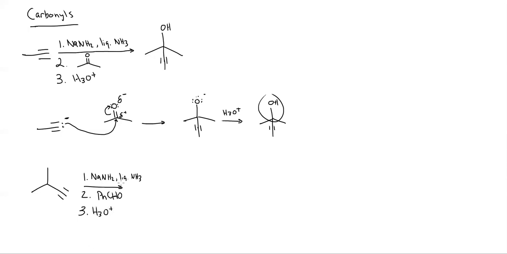So what does PhCHO look like? Well, PhCHO looks like this. Ph is a phenyl ring, and then CHO is an aldehyde. So this is PhCHO right here. All I'm going to do is turn this carbonyl group into an OH. So let me do that.